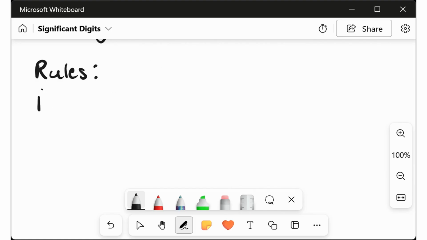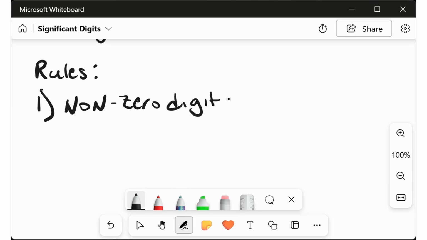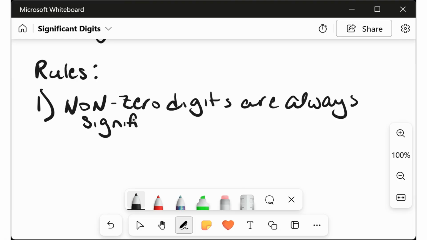Rule number one: non-zero digits are always significant. Okay.